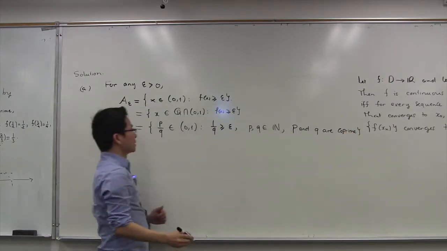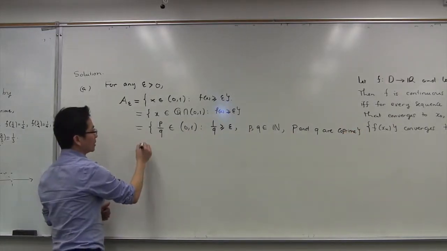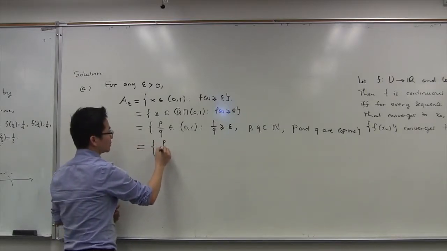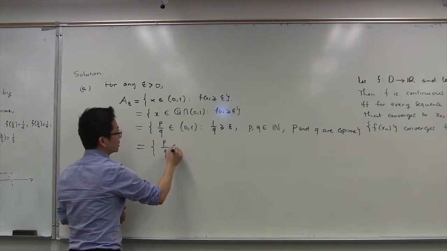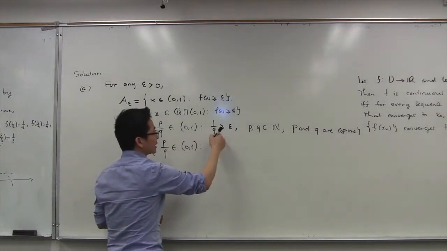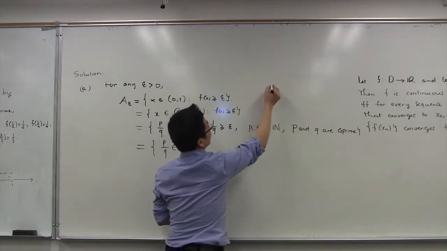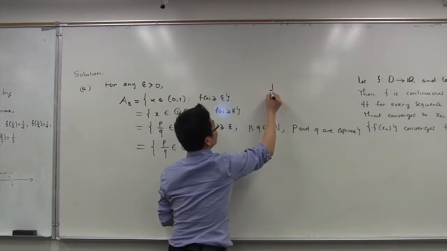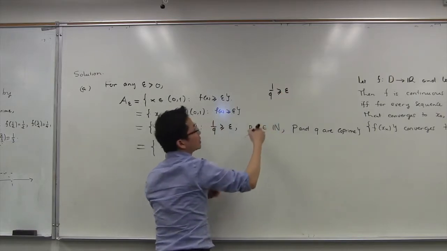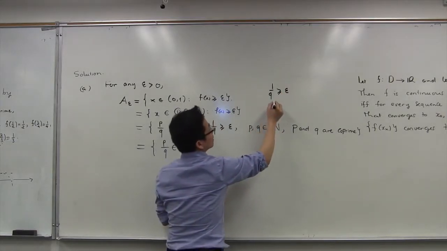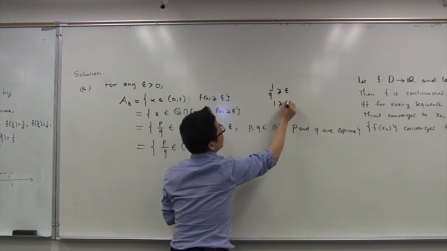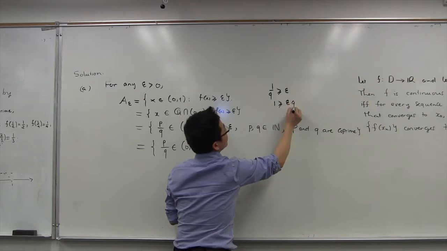Okay. So this set can be rewritten as follows. This is the set of all numbers of the form p over q in the interval [0, 1], such that from here we can see that 1 over q is greater than or equal to epsilon. So we can multiply both sides by q and get that 1 is greater than or equal to epsilon times q.